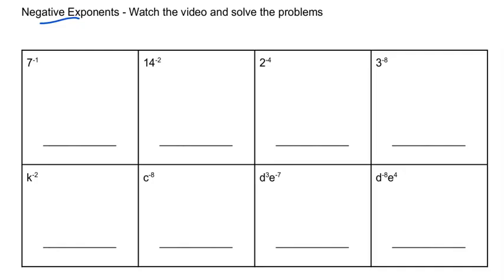All right, erase this one. So for this one, what you're going to look at here is this negative exponent right there. So this one is 7 to the negative 1 exponent. And when you do that, you're going to have to draw a line here, and it becomes a fraction.